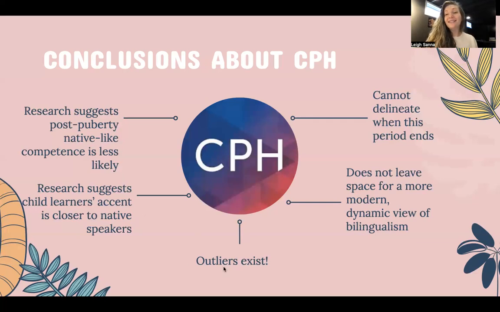However, outliers exist, and I put that at the bottom because it's really important. I studied abroad with a boy who started learning at the same time I did. He started learning Spanish in middle school, and my accent was very clearly American. I went to see my professor, and we would practice pronunciation, and she would say, I mean, you're pronouncing it right. You're pronouncing the sounds correctly. But there was just something about it that didn't sound native.